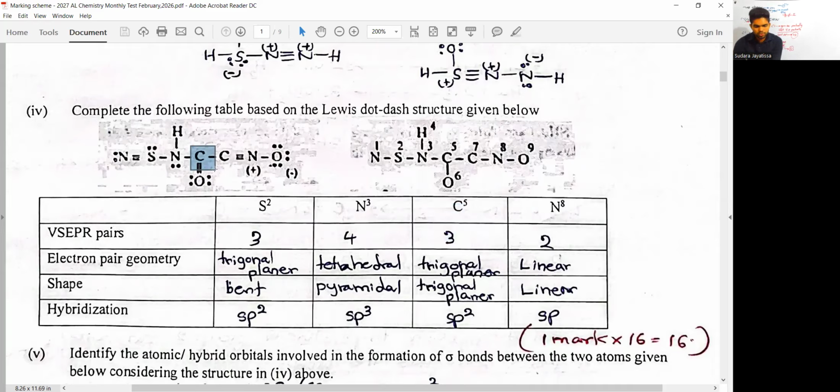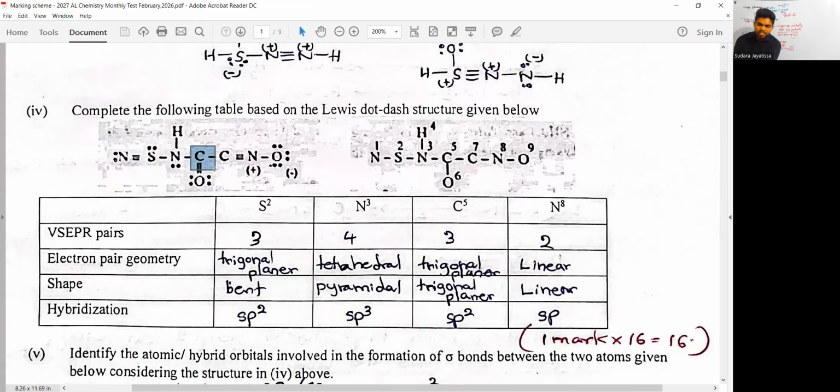It has made 2 sigma bonds with either side nitrogen and carbon, and then a double bond with oxygen. In that double bond, one bond is a sigma, the other is a pi. So around the carbon there are 4 total bonds, but one is a pi bond and 3 bonds are sigma bonds.